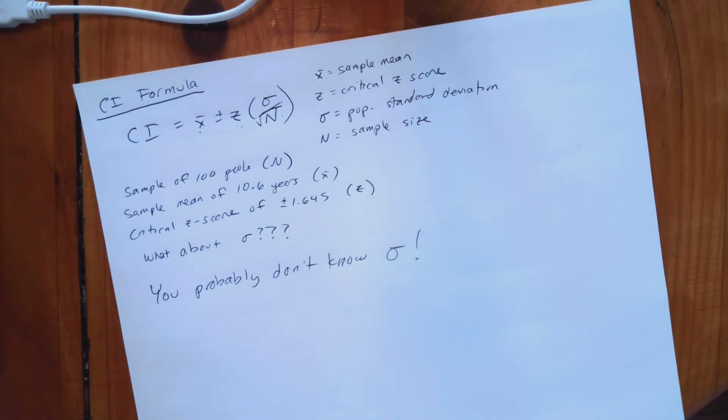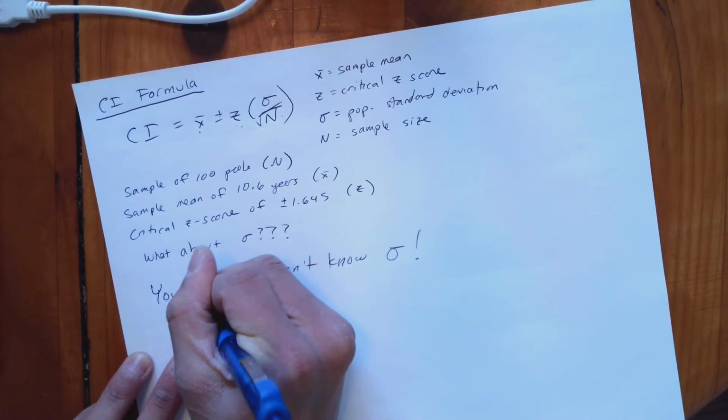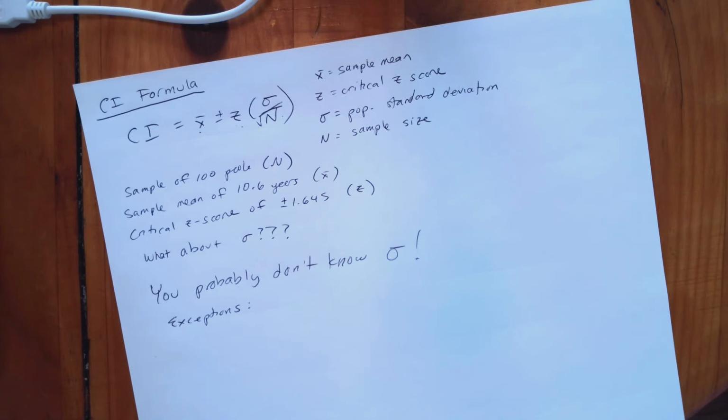And there will be some exceptions to this. Exceptions to this rule would include things like IQ tests or other standardized tests, where things like the standard deviation are set by the people who make the test, and it's known, and so there isn't really a population value to know other than what's already set and established.